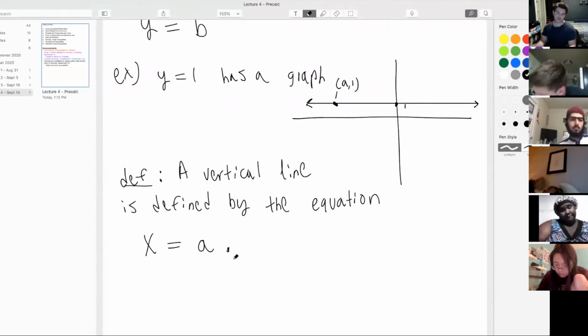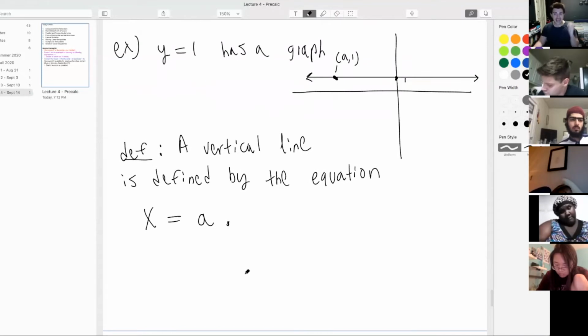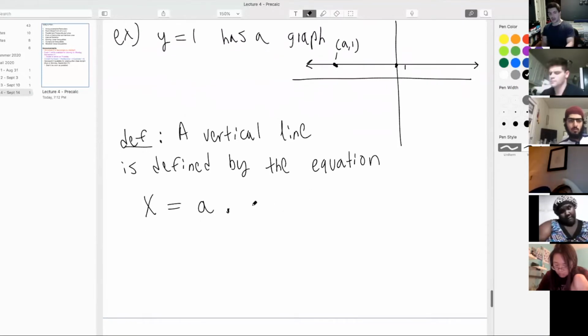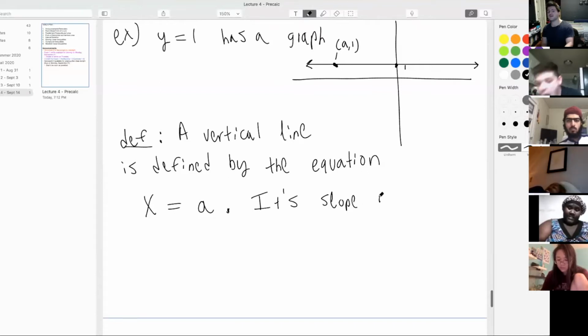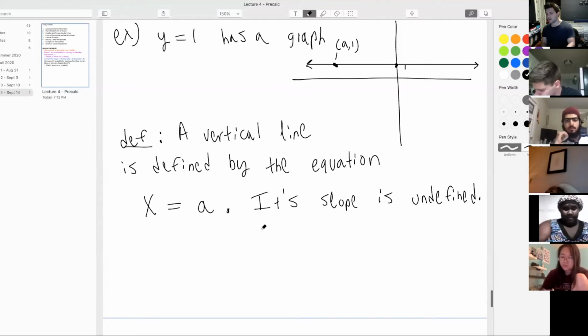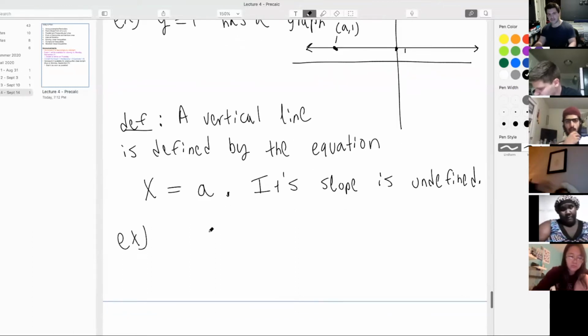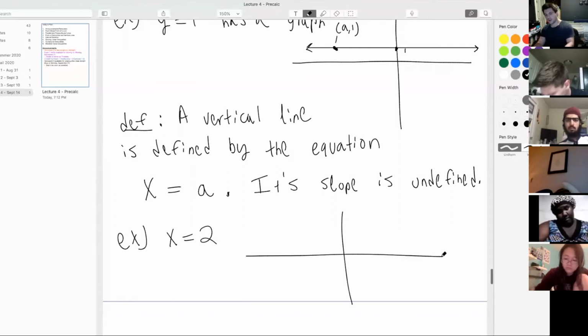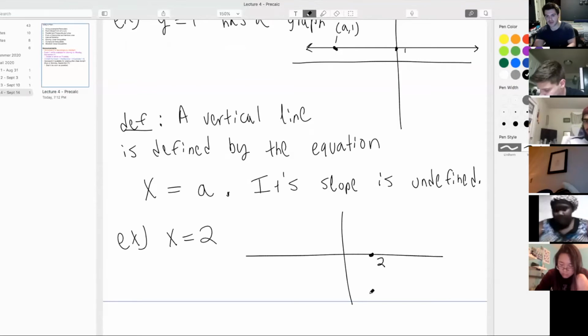It's not in y equals form, it's actually in x equals form, and its slope is undefined. Let's look at an example, x equals 2. This is just going to be a vertical line that passes through the point 2 on the x-axis. There's 2, and now just put a vertical line there.